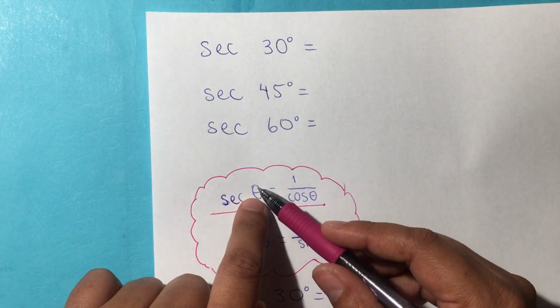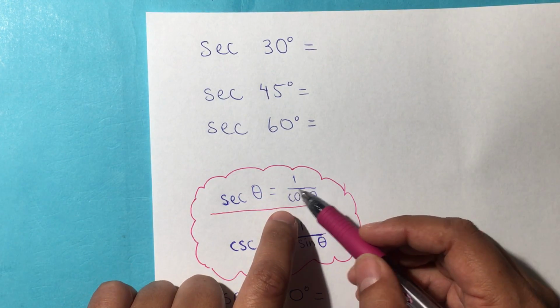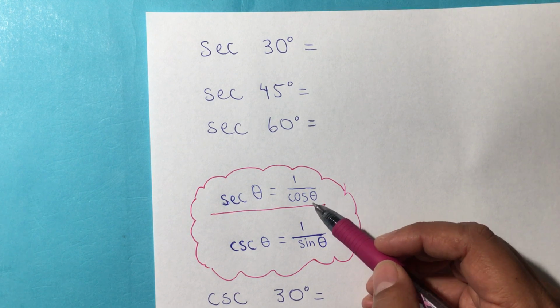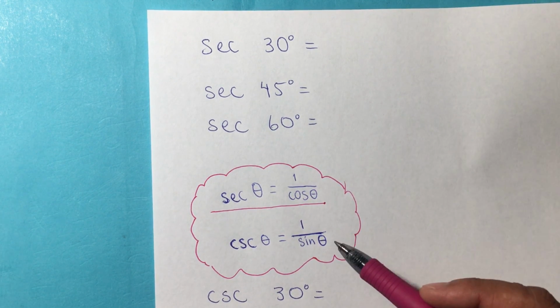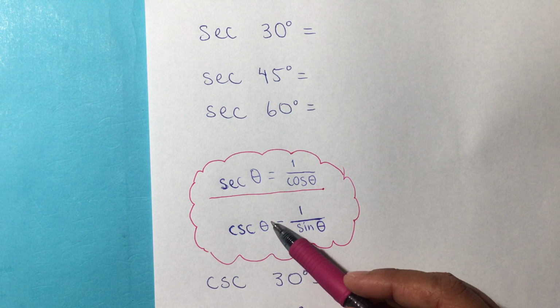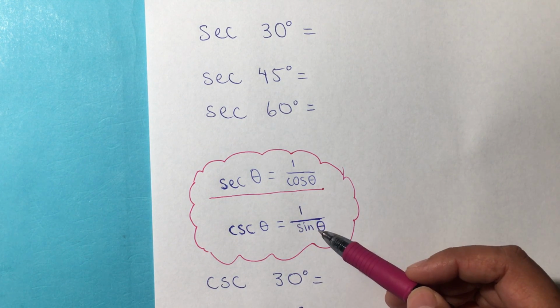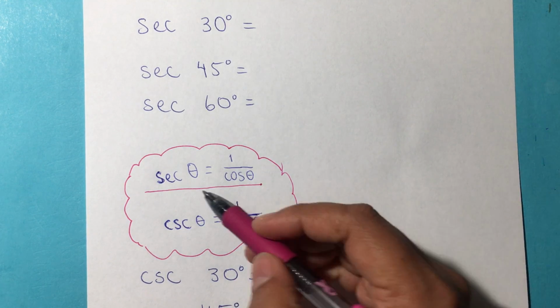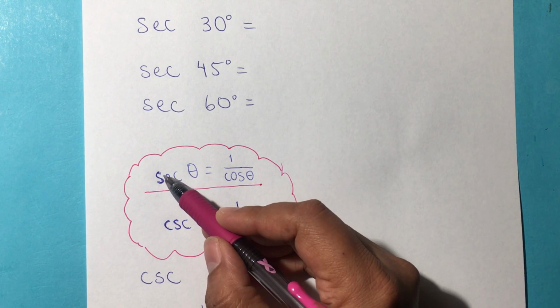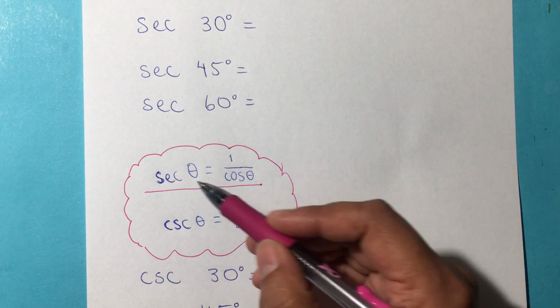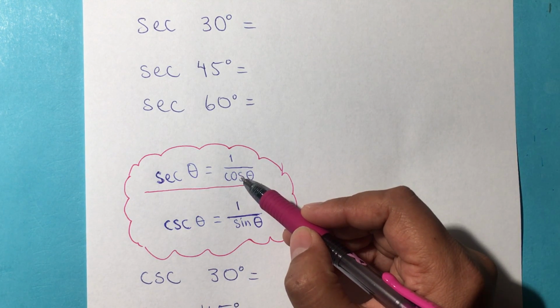Secant of theta equals 1 divided by the cosine of that same angle. The cosecant of theta is equal to 1 divided by sine of theta. To remember it, you might think secant would go with sine, but no, it's with cosine, the opposite.